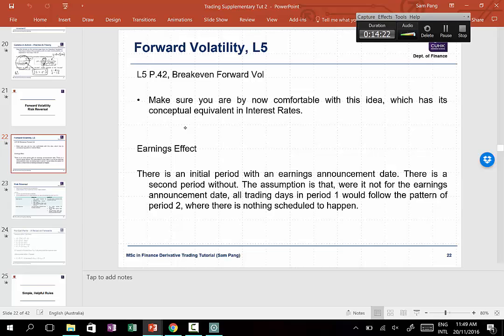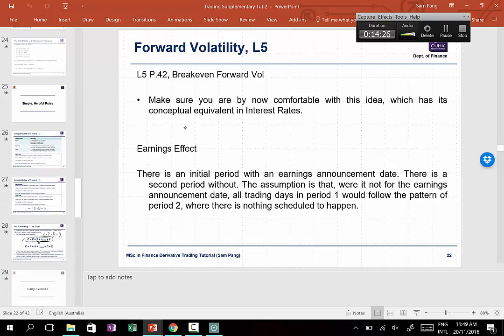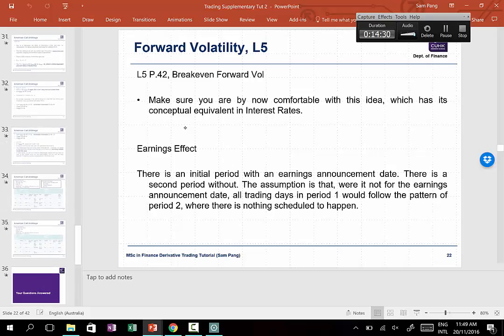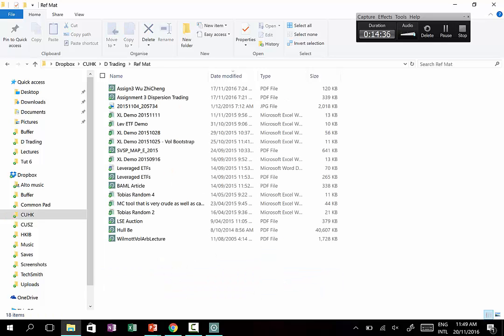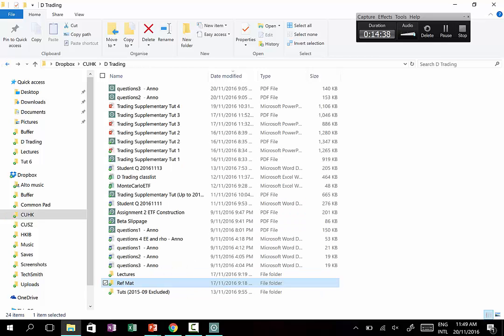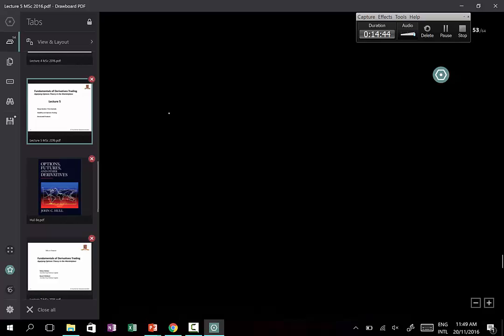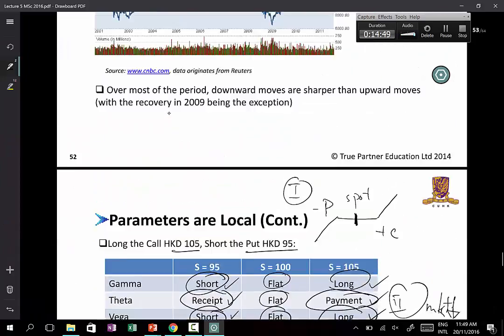In lecture 5, page 42, you will find that formula. I could just go there and show you where it is.